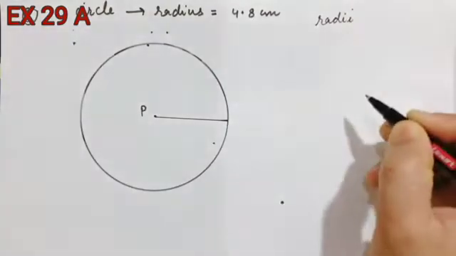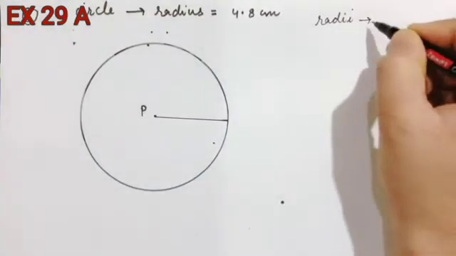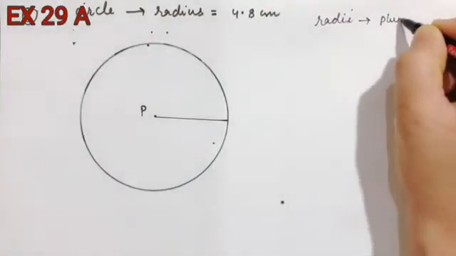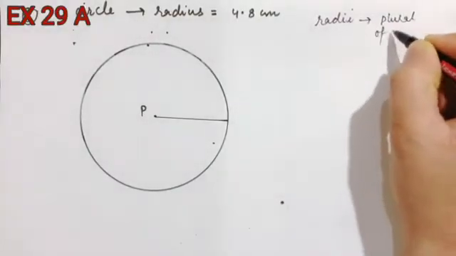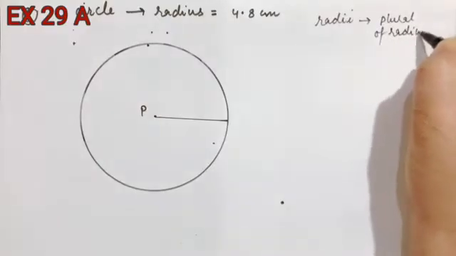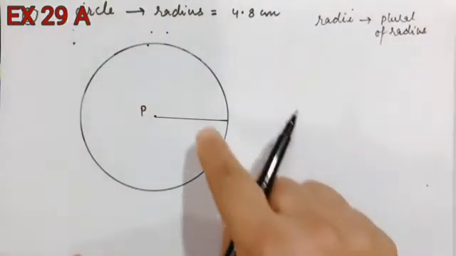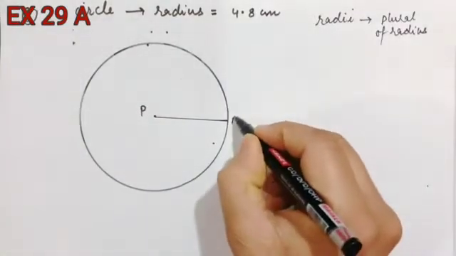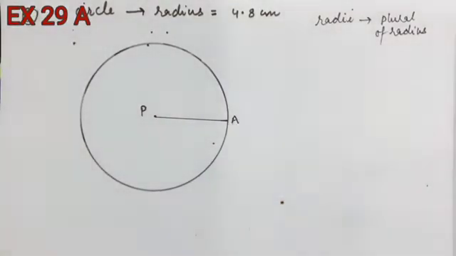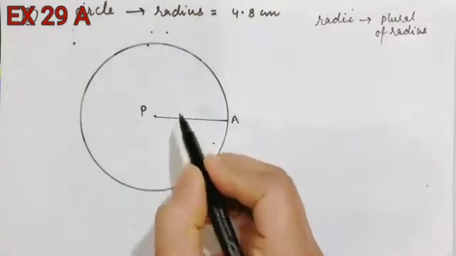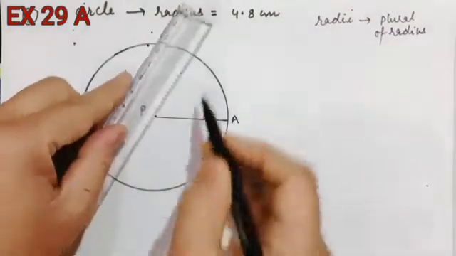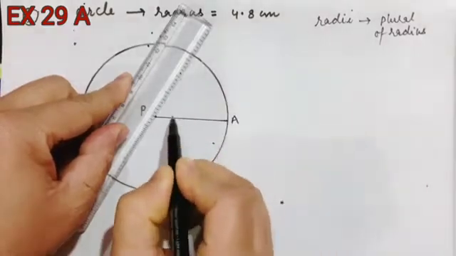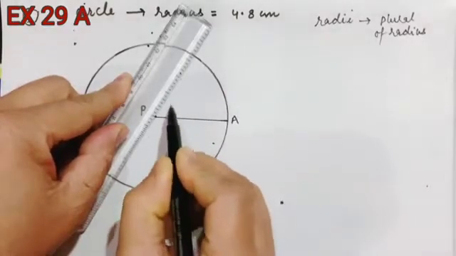It means plural of radius, because we are going to draw 2 radius. That is why radii. So PA is one of the radius, and the other one says PB should be drawn such that the angle between the two should be equal to 45 degree.